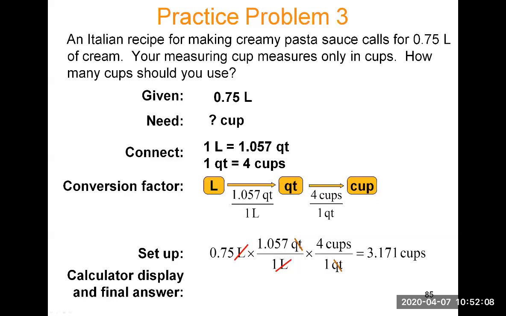So for the final answer, you keep the 3 point, and you keep the 1, that's 2 sig figs. What comes after the 1 is a 7. It's above 5, so you will need to round up. So the 1 will be rounded up to a 2, and then everything after that will be dropped. So the final answer will be 3.2 cups.